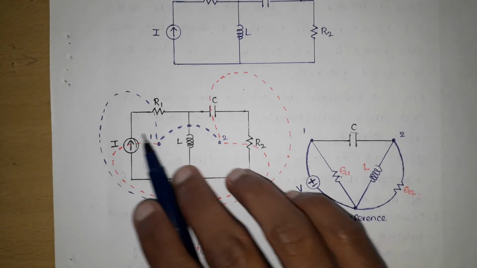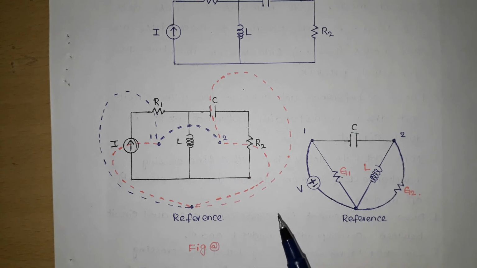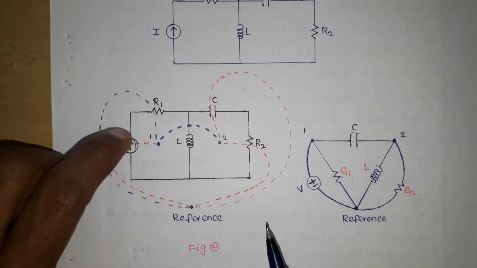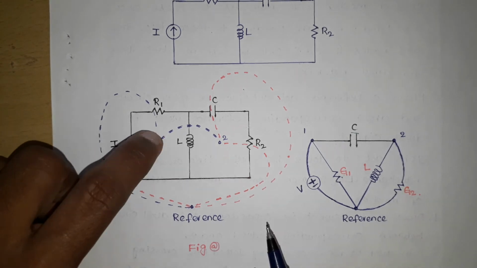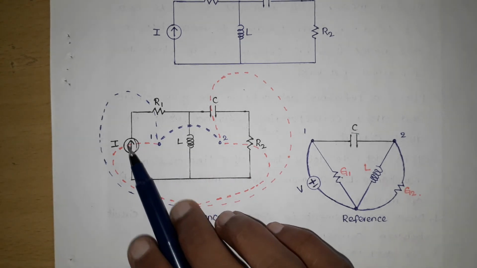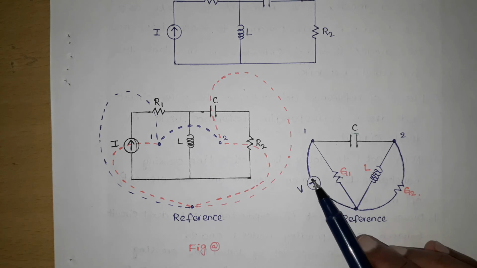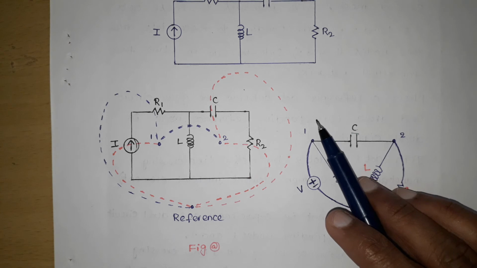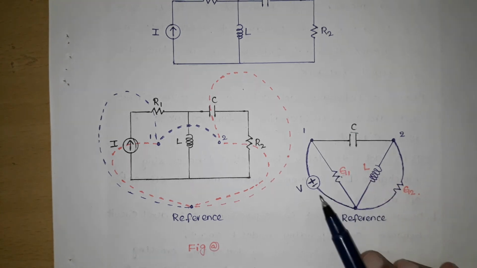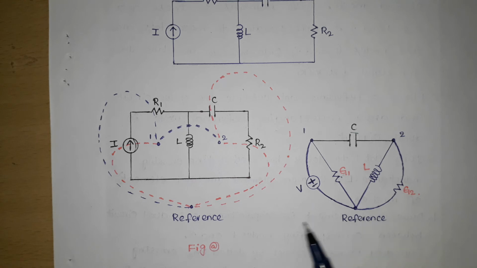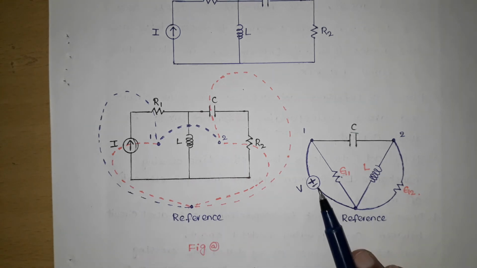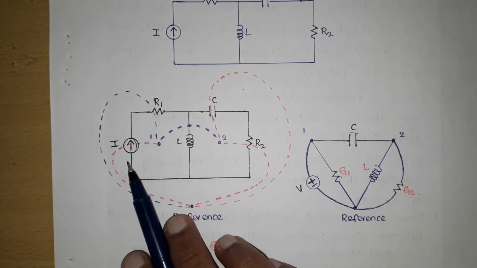So we have to take the polarity such that the arrow is towards dot 1 and the tail is towards reference. So in the dual circuit, positive polarity should be towards node 1 and negative polarity towards reference. Towards the arrow we take the positive sign for the source. So now we completed inductor, R1 and current source.